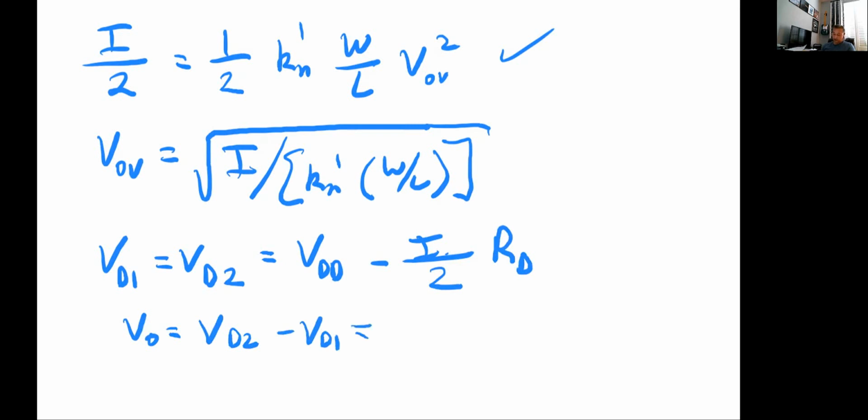That's going to be 0 because VD1 is equal to VD2. And we expect that because the case that we're looking at is that the differential input is 0. So we have shown that if we get a differential input of 0, we get a differential output of 0. That's important, it's telling us that the differential pair is behaving as a differential amplifier.